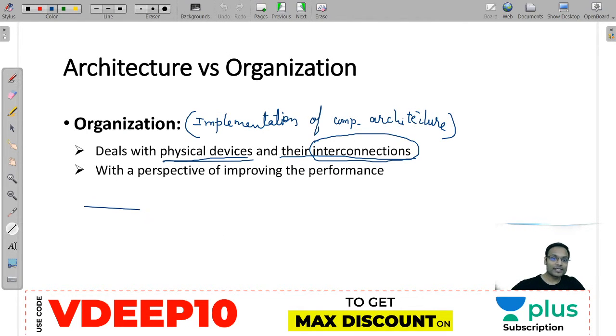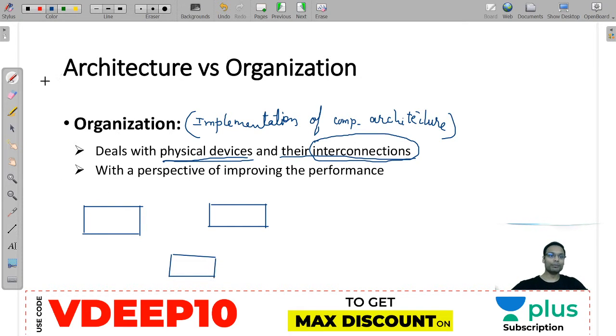If there is a CPU and a memory, how does the CPU interact with memory, how does the CPU interact with the IO device, how does the IO device interact with memory? All these interconnections will be given by this organization. So this is the CPU, this is your memory, this is the IO device, all interconnected.